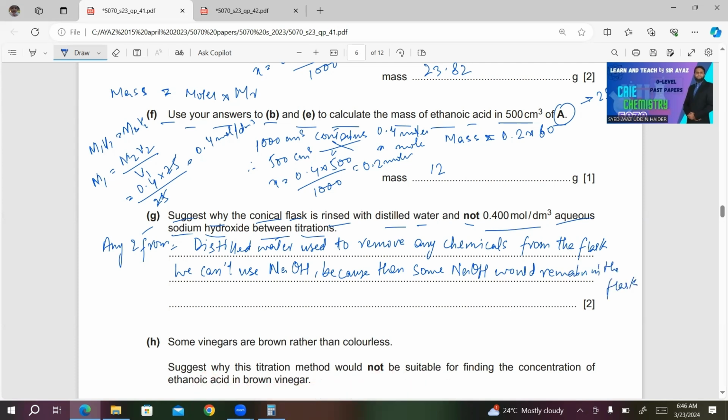Lastly, again, you can't use NaOH because more ethanoic acid would be needed.